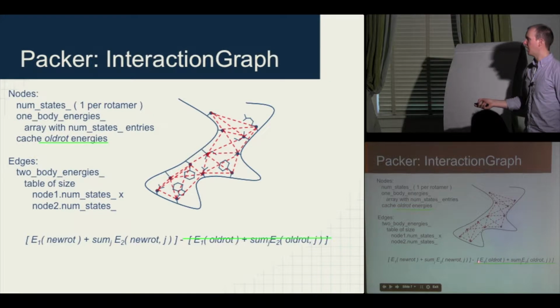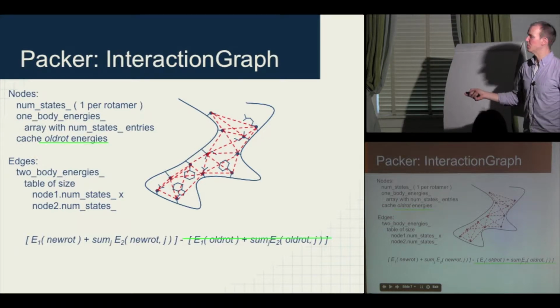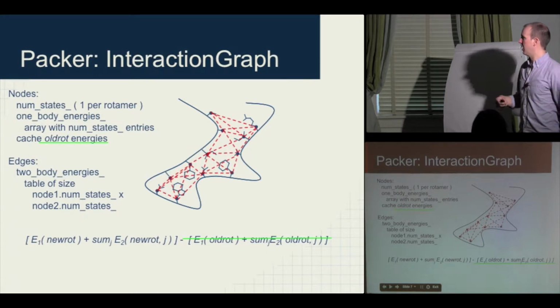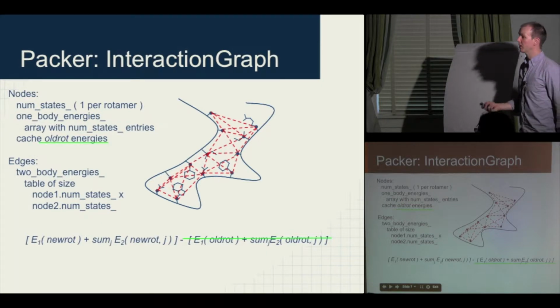In order to get the old rotamer, it had at some point had to be a new rotamer and then get accepted. So when you performed the lookup, you can actually cache the old energies, and these energies are stored on the nodes. That makes an energy table lookup a little faster.